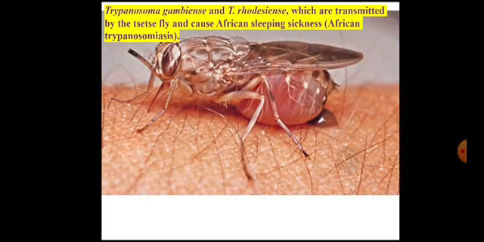So this is the picture of this tsetse fly having a bite on human skin. From the infected individual, the organisms will be sucked up with blood, and when this infected blood is transferred to a healthy individual through another bite, the transmission of this pathogen may occur.